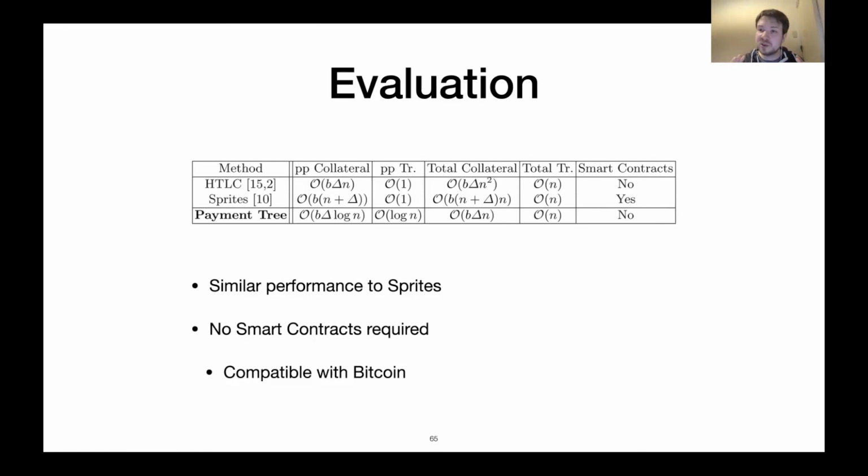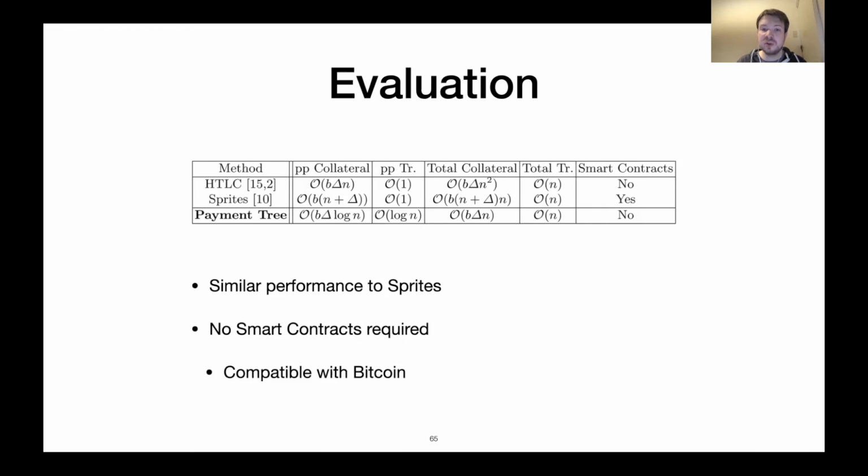Because of the balanced binary tree structure of the construction, the sum of all collaterals, the total collateral, is only linear in the length of the payment path. This is comparable to Sprites, and lower by a factor of n than the total collateral of HTLCs. However, in contrast to Sprites, we do not require any smart contracts.